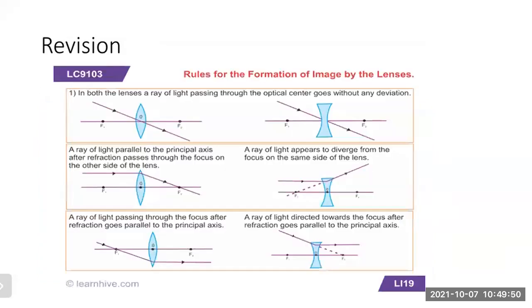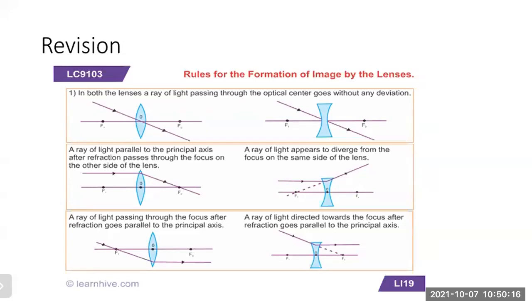Then we have studied the three rules for both the convex and concave lens. In both the lenses, a ray of light passing through the optical center goes without any deviation. Second, a ray of light parallel to the principal axis, after refraction, passes through the focus on the other side of the lens, that is for the convex lens.